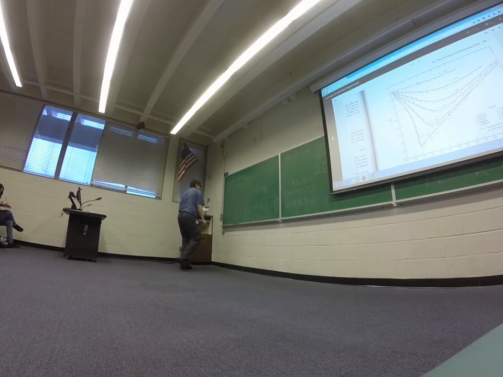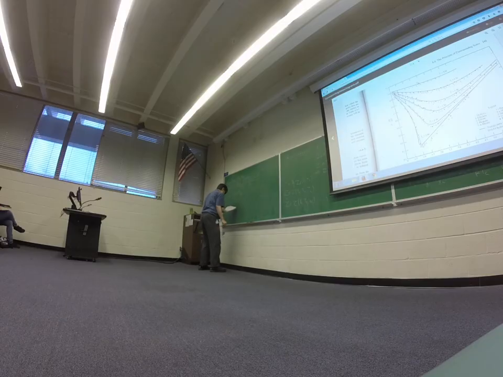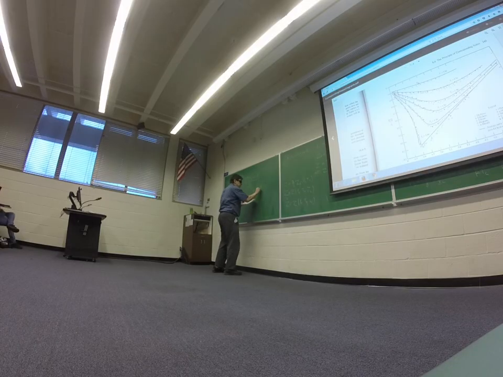And one expression that we got, 6422, is that the departure enthalpy at any temperature and pressure is equal to the integral from P equals 0 to P at constant T of V molar minus T partial V molar with respect to T at constant P, dP.